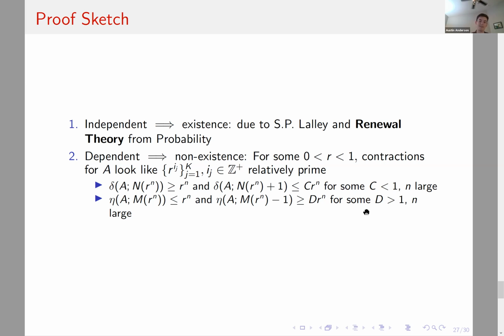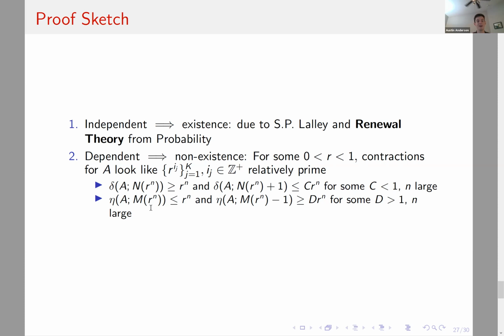After you have this, some recurrence will occur, and using the fact that the best packing of N of R_n points is greater than or equal to R_n, and a short lemma which shows that the best packing, when you add 1 point to that previous subsequence, is less than or equal to a constant times r to the n for some c less than 1, you're essentially able to apply the same line of reasoning as we did for the Cantor set to these general dependent fractals.